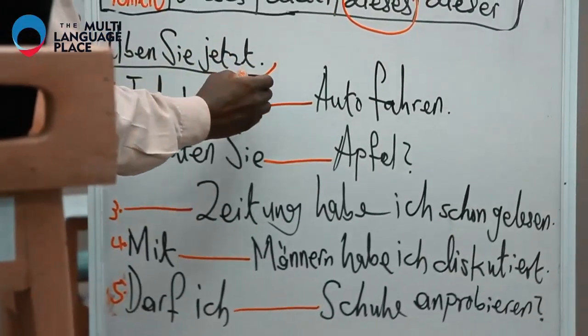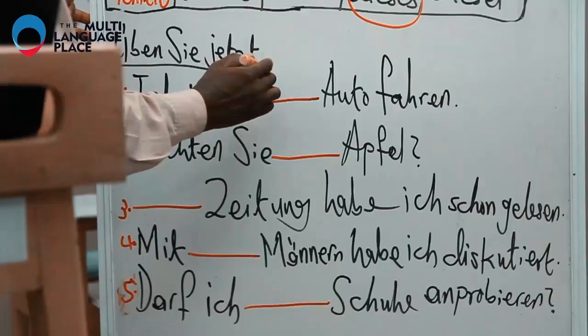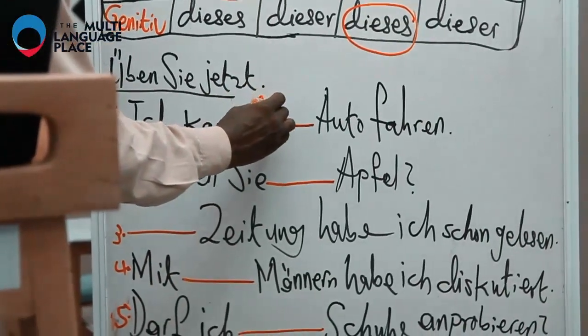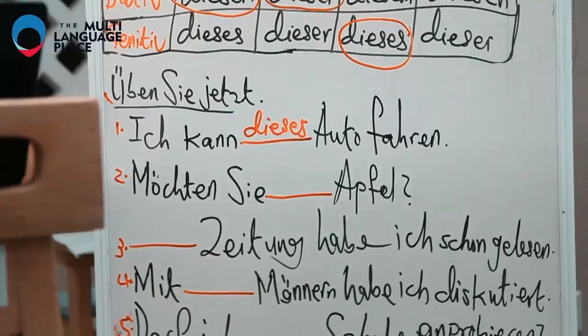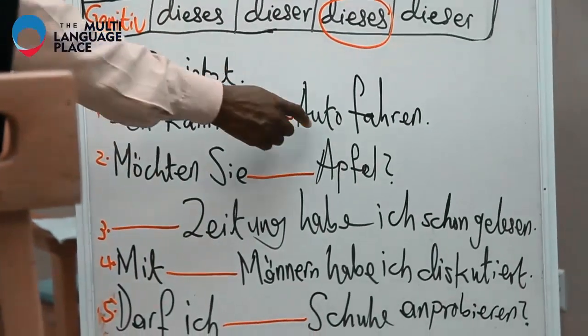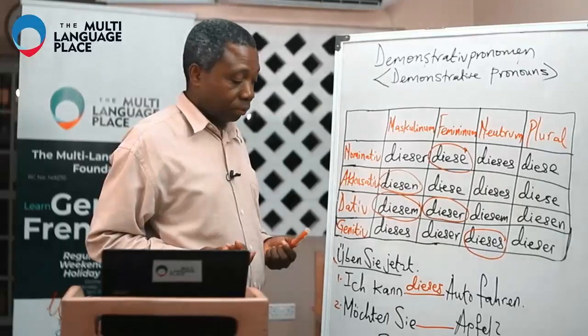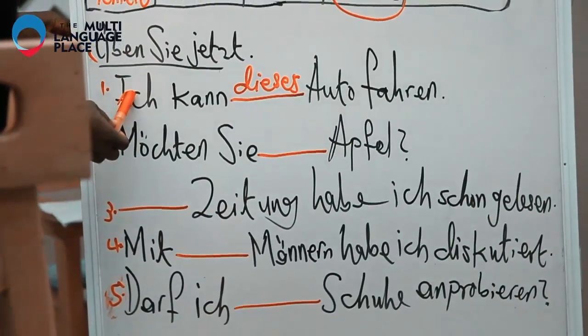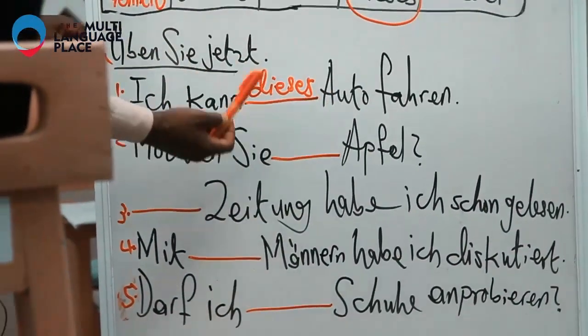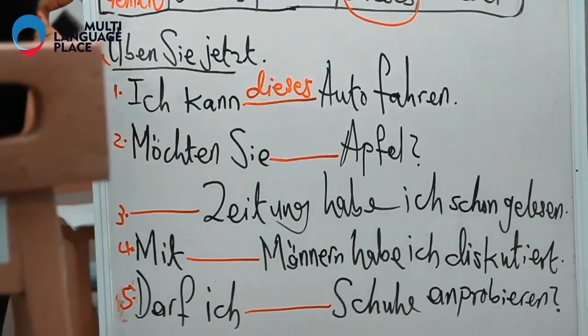Ich kann dieses Auto fahren. Why? This one is neuter. And remember, this is nominative case, the performer of the action. This is the accusative case.